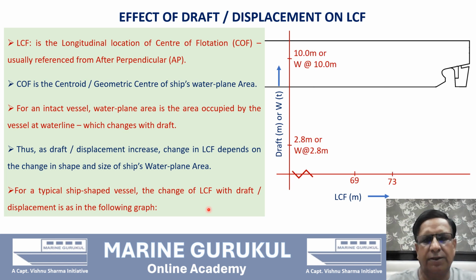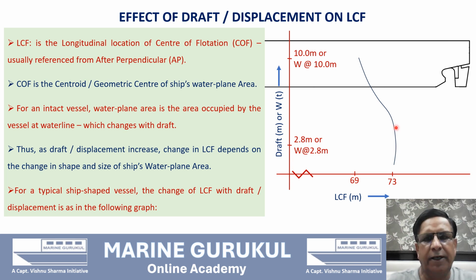We have the scale 69 meters here, 73 meters here. This graph is typically for MV Hinge ship, but shall hold good for any normal ship-shaped vessel. What do we see initially? As the draft increases, LCF is more. That means centroid is towards the forward of midships.